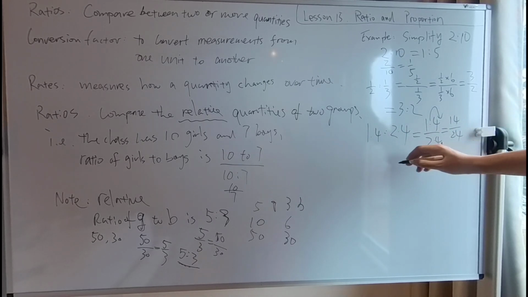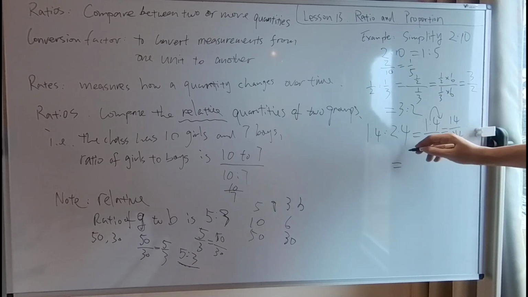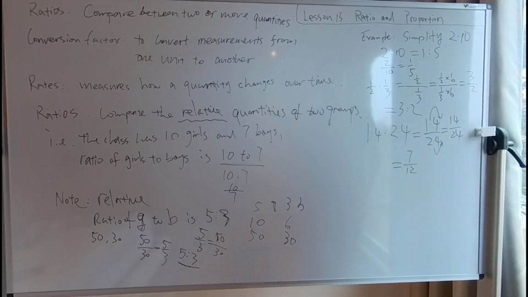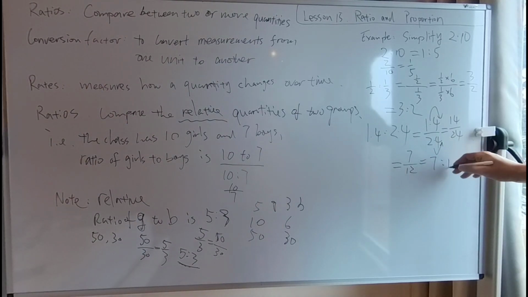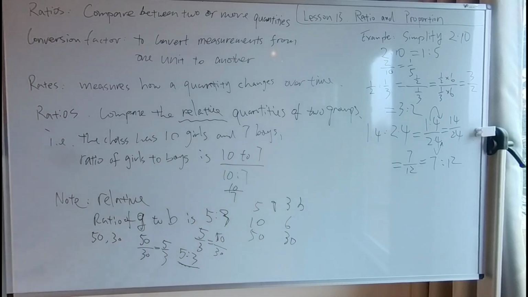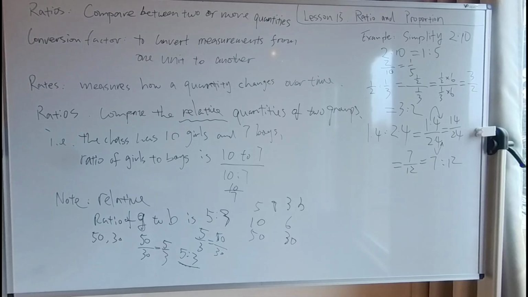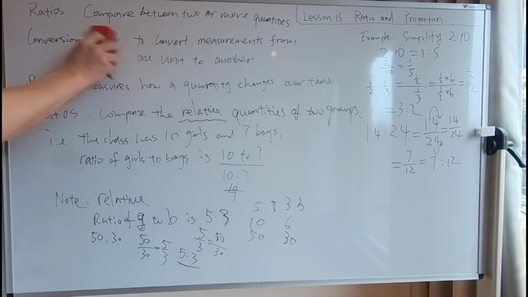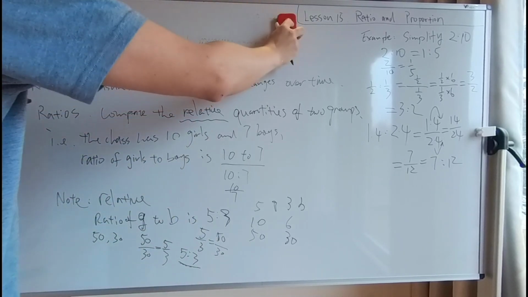And then I can further simplify this by dividing by 2. And it looks like there are no further common factors. Then the simplified ratio will be 7 to 12. Right, so these are a couple of simple examples on how to simplify ratios.